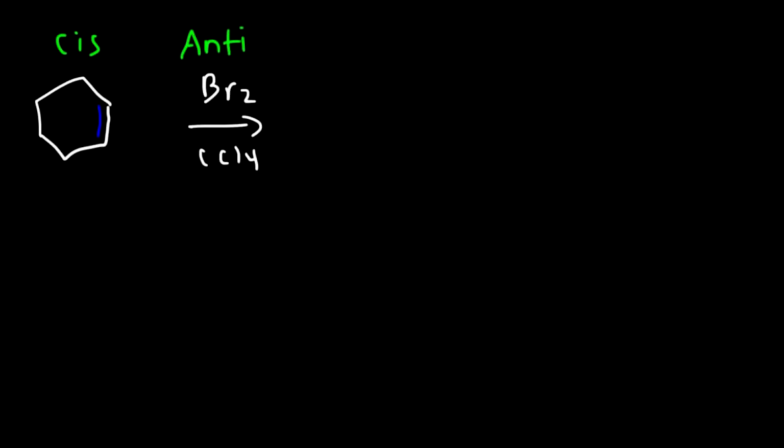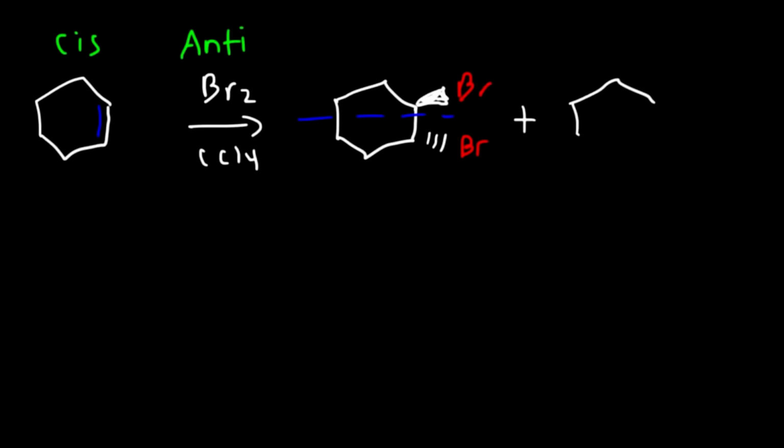This will lead to a pair of enantiomers. Because it's anti, we're going to put one bromine atom in the front and the other in the back. And as you can see, we do not have a line of symmetry. To draw the enantiomer, simply reverse the chiral centers.